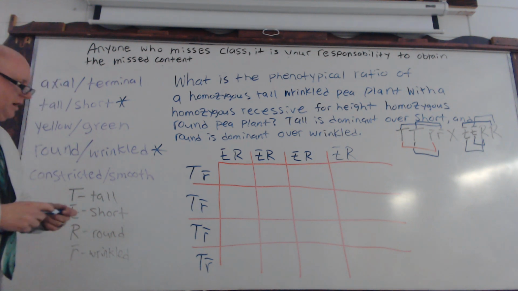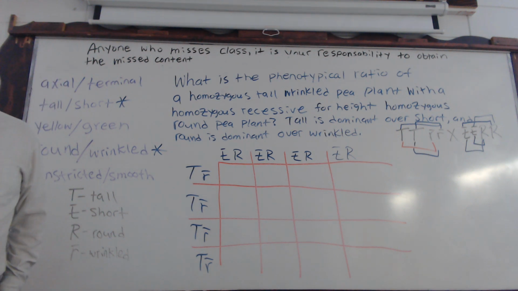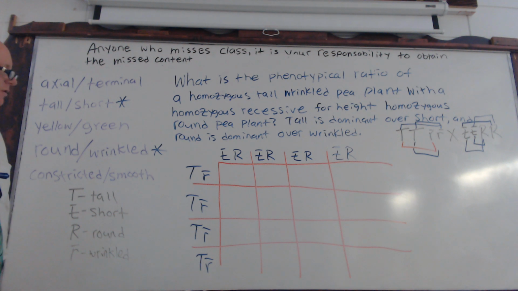So as we look in here, we made that prediction. You can't do this very often with a dihybrid cross, but when this comes to masking over, what's going to happen with the height? Is that dominant trait going to be present in each and every box? Yes. Okay. Is that round trait going to be present in each and every box?